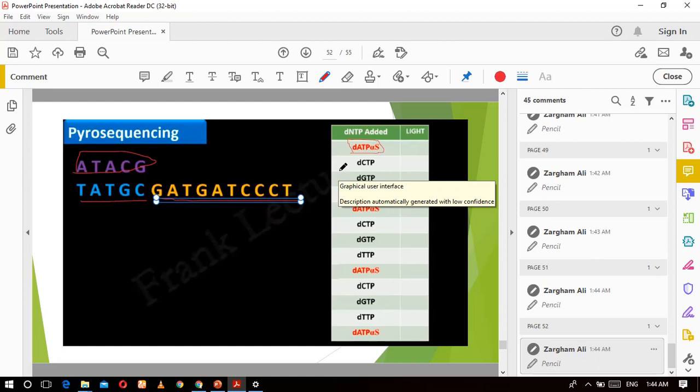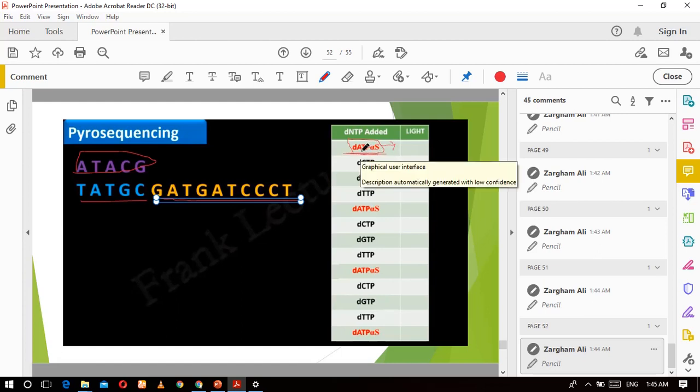The only difference is that luciferase generally uses ATP, but DNA polymerase has the potential to use either dATP or dATP alpha S, while luciferase can use only ATP.